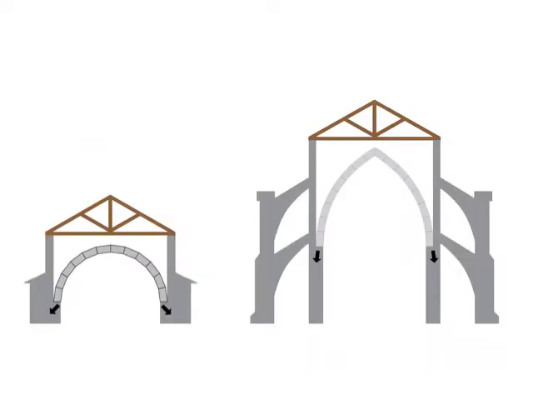When they moved to using a Gothic arch, because the load is directed in a more vertical direction, you can get away with having very thin walls.